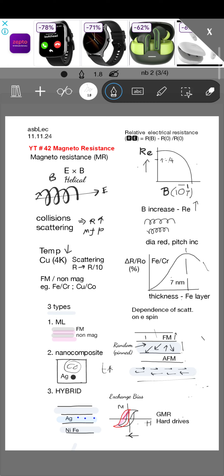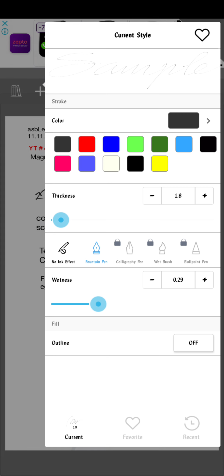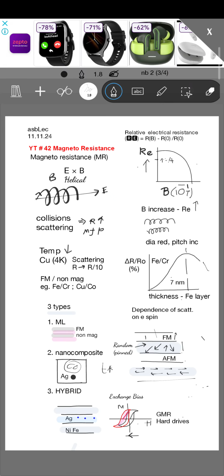So at this stage, when there is a passage of electrons through these systems, the scattering event, which determines the resistance of the current, is more for the spins which are opposite to the electron flow.